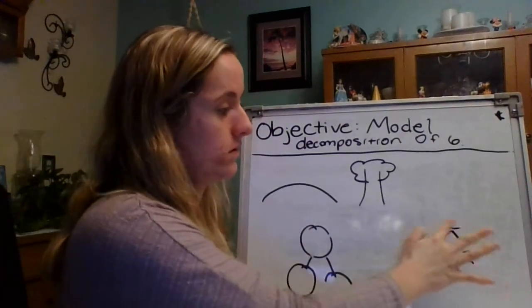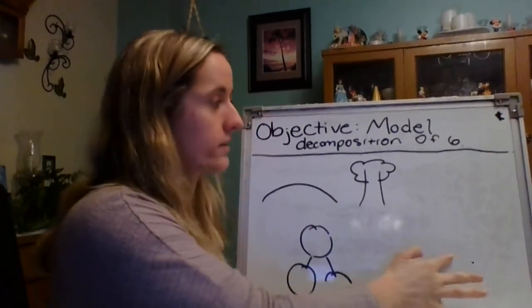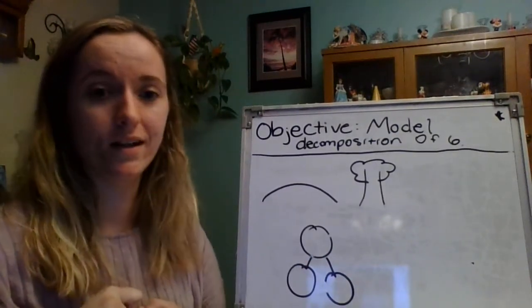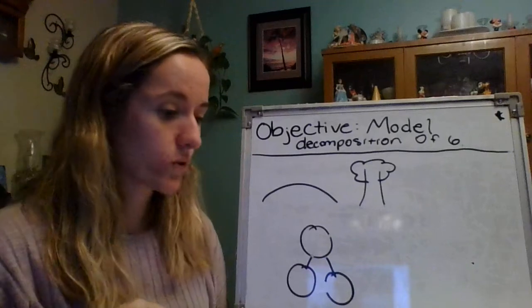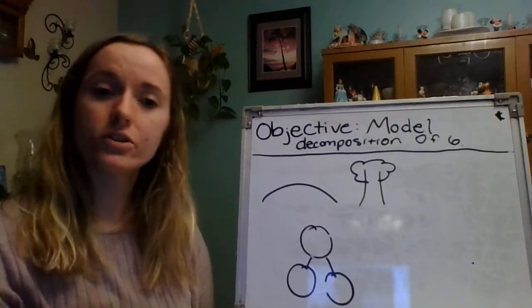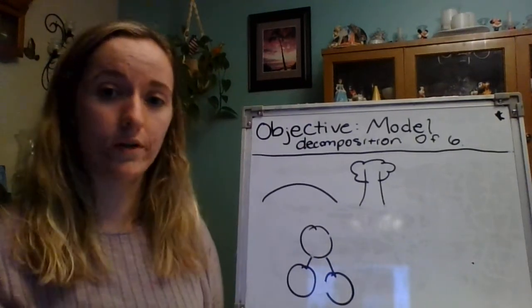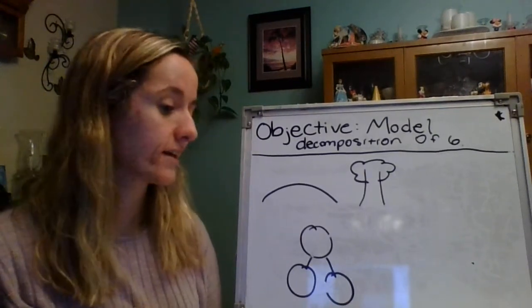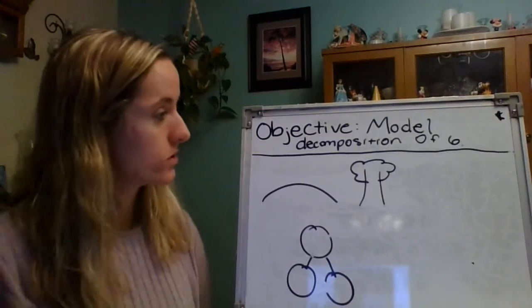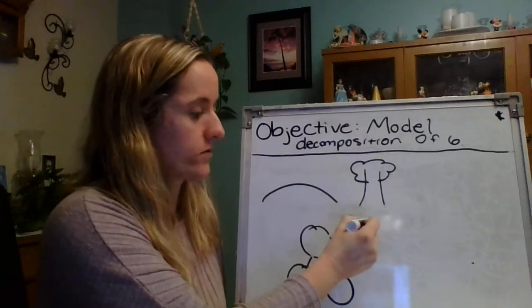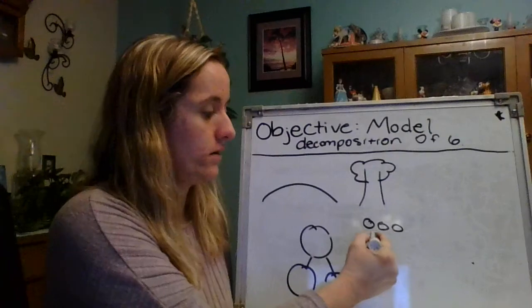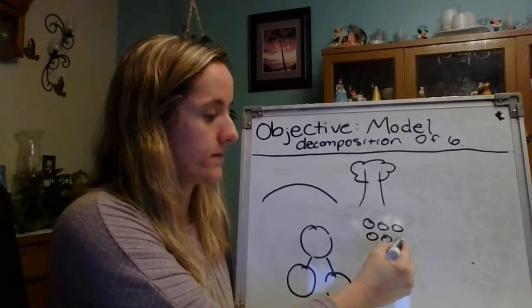So today we're going to practice our model decomposition of 6. So I'm going to tell you a story. I want you to follow along as I do the story up on the board. Okay? So a squirrel collected 6 nuts for fall. So we're going to show 6 nuts right here as circles. 1, 2, 3, 4, 5, 6.